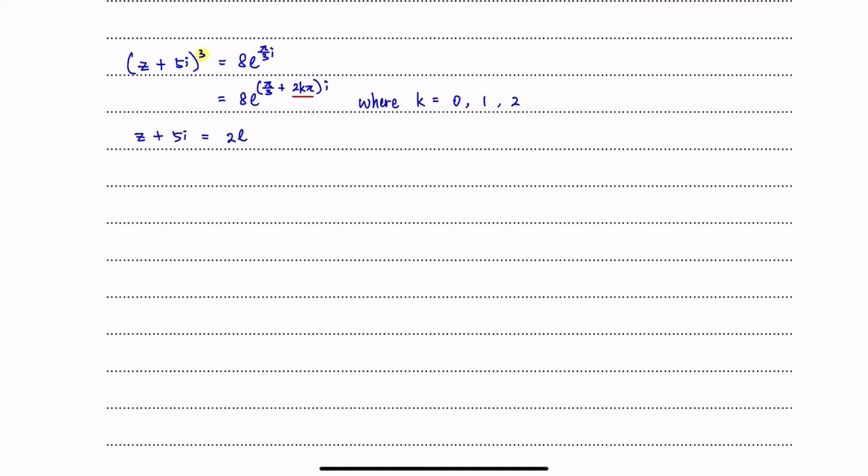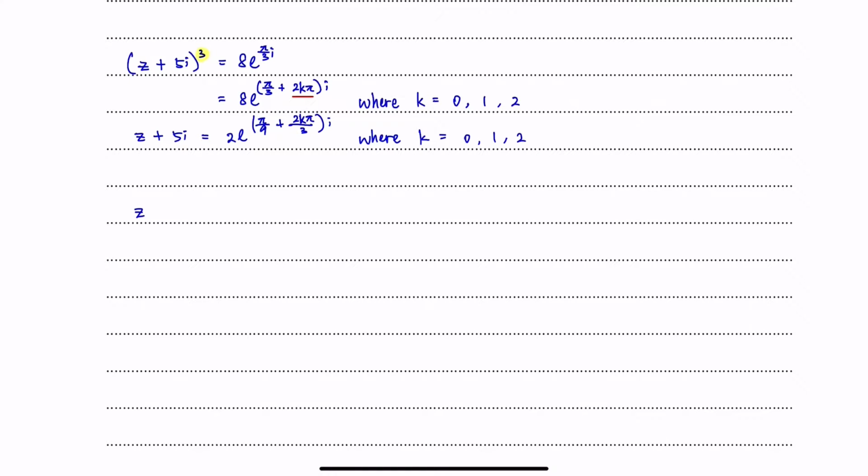And the cube root of the exponential part is just the power times 1 over 3. So you will get pi over 9 plus 2k pi over 3 i. Same thing, where k equals 0, 1, and 2.